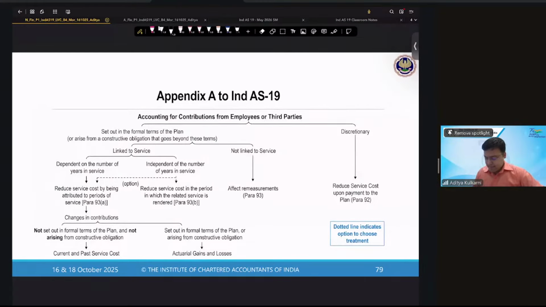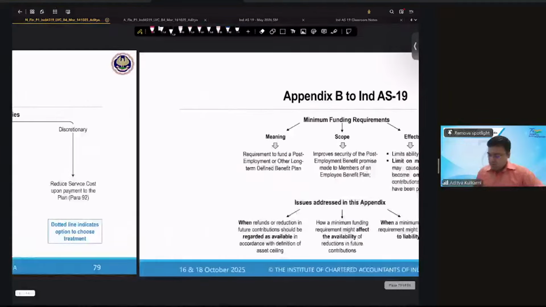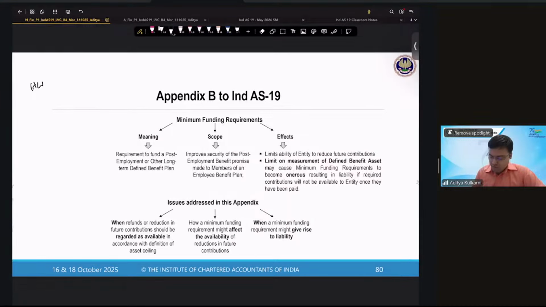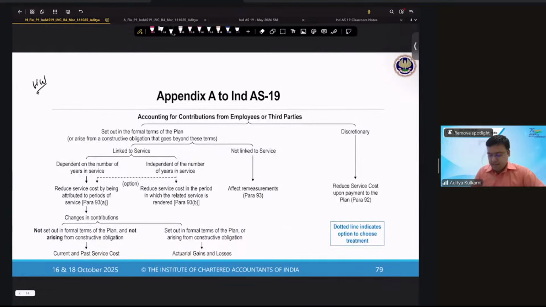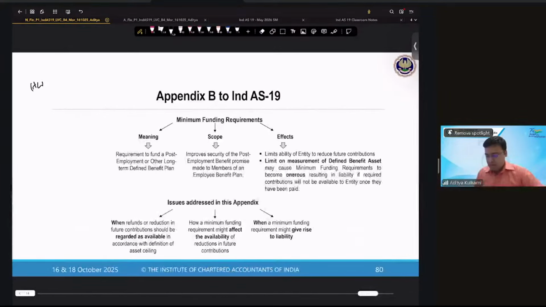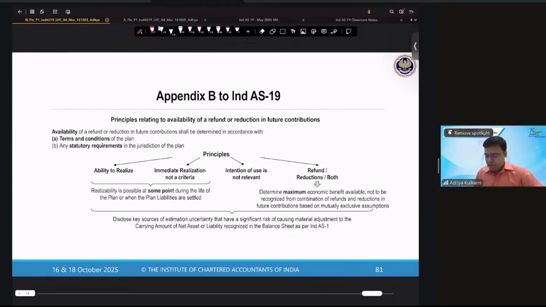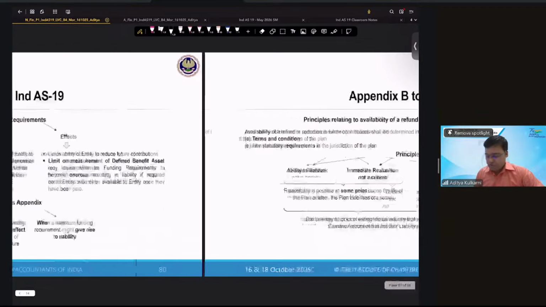Then Appendix A to Ind AS 19, that is accounting for contributions from employees or third parties. Okay. This you can just go through as homework. It is not having any practical question as such. What is minimum funding requirements for future contributions?